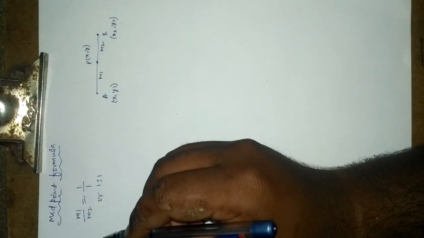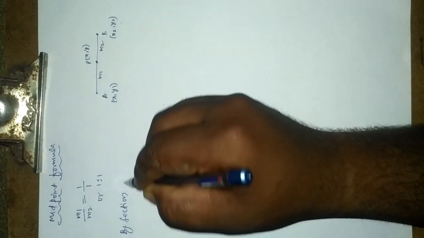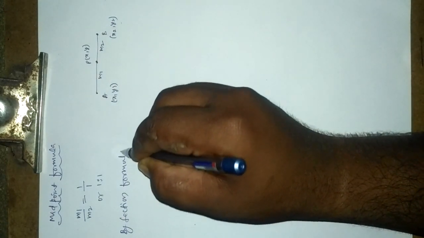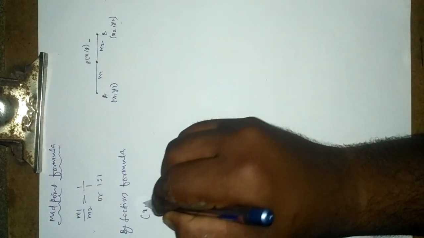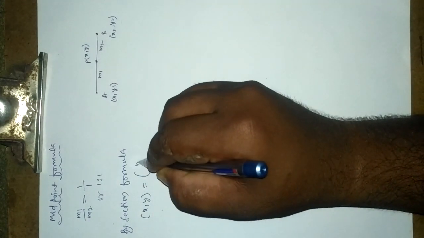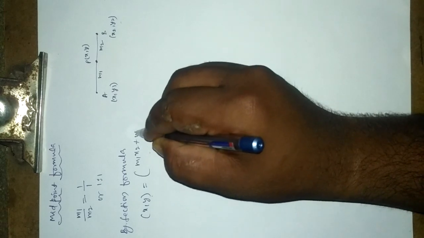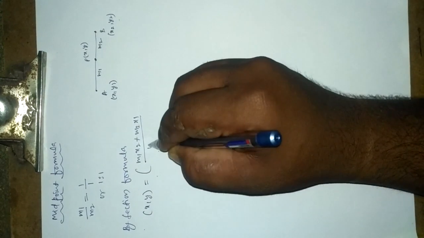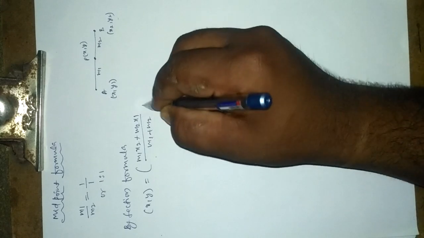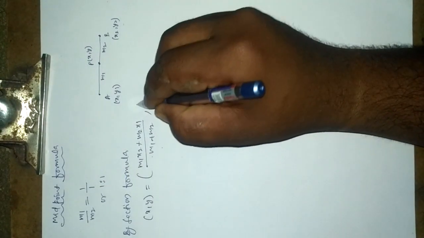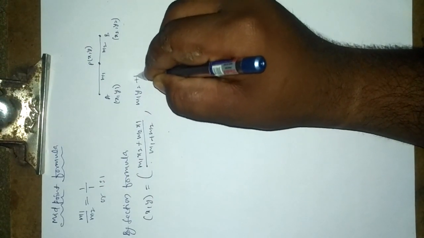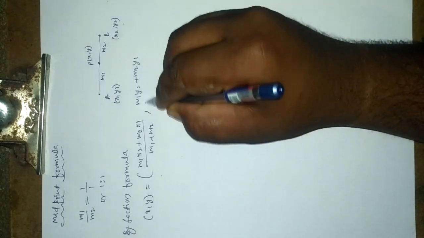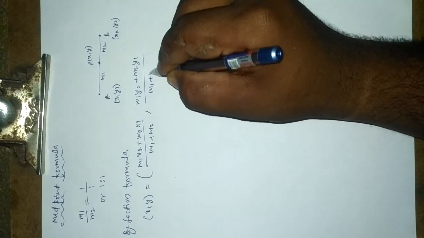So to derive the midpoint formula, what do you have to consider? By the section formula, what does the section formula say? x comma y is equal to m1 x2 plus m2 x1 divided by m1 plus m2, then m1 y2 plus m2 y1 divided by m1 plus m2.